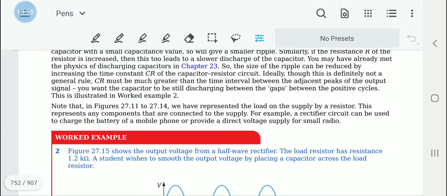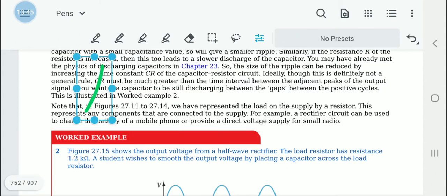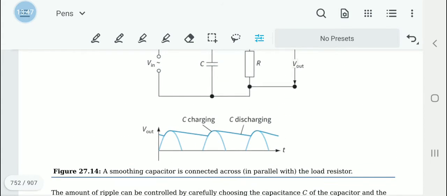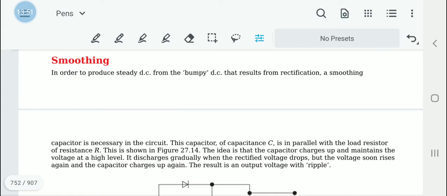Write down a note. Smoothing. The DC current that is produced by rectification is not quite smooth.